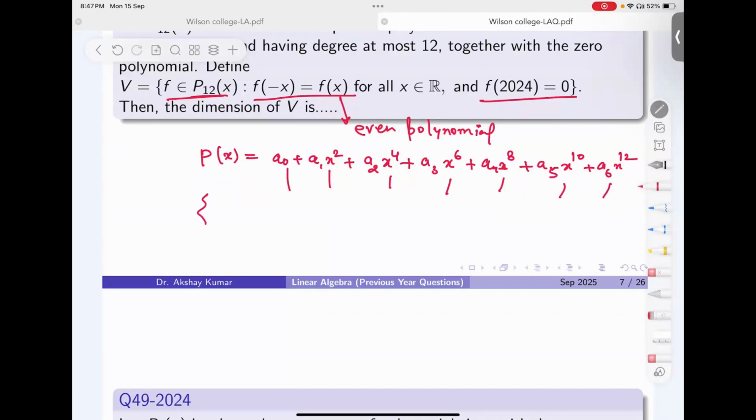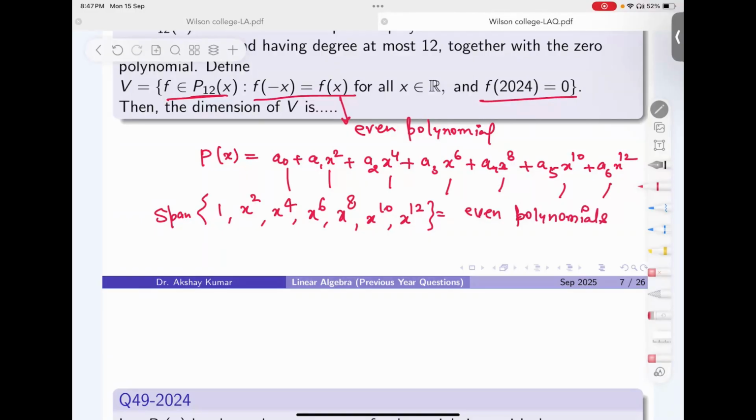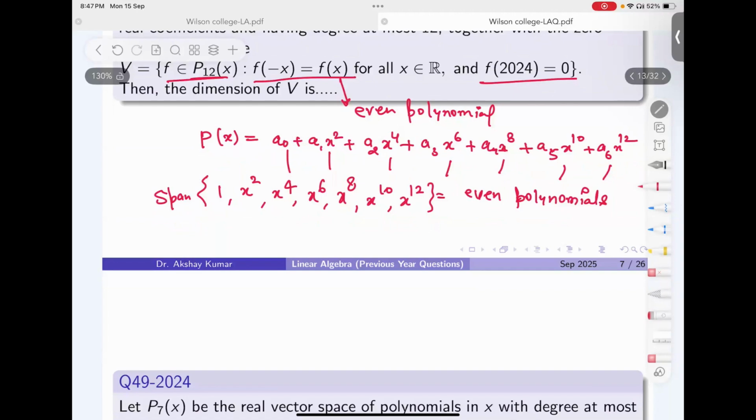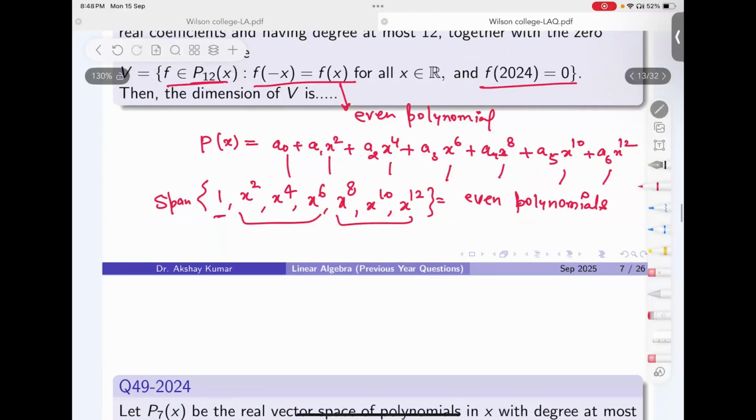The spanning set for this is 1, x square, x4, x6, x8, x10, x12 for even polynomials. How many members are there? 3, 3, 6, and 1, 7. Right, but this is a span for even polynomials.